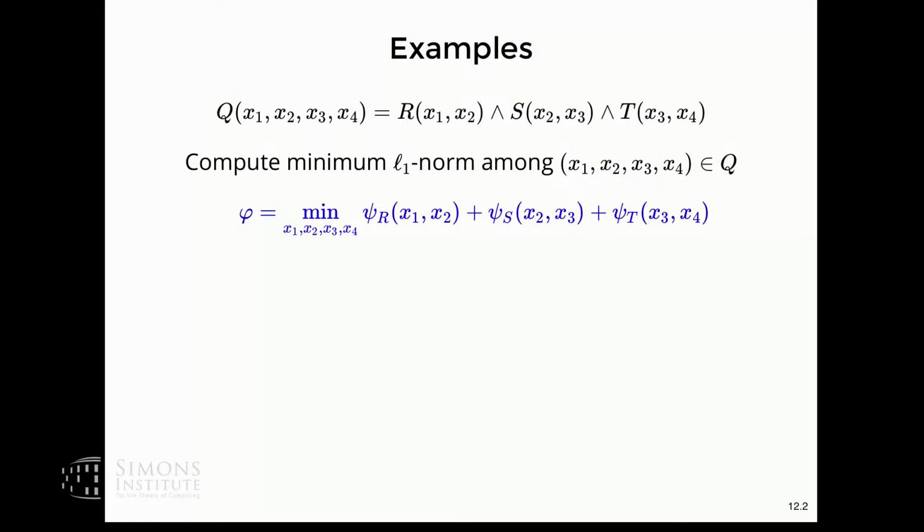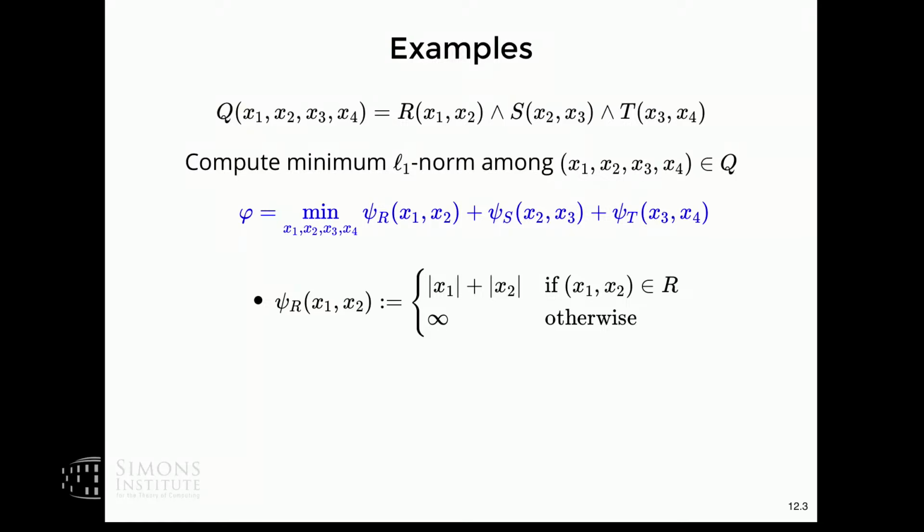There are actually several options. One of them is this. We can define psi r to be the summation of the absolute values of x1 and x2 if x1, x2 is in R, and infinity otherwise. Why did we choose infinity? Because it is the identity of the min operator, which is the addition of the semi-ring.